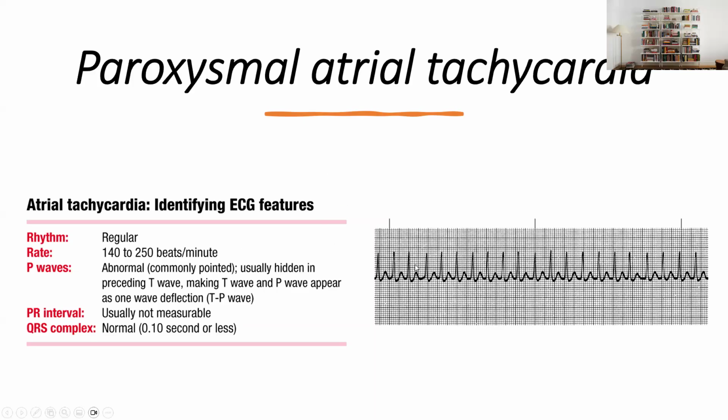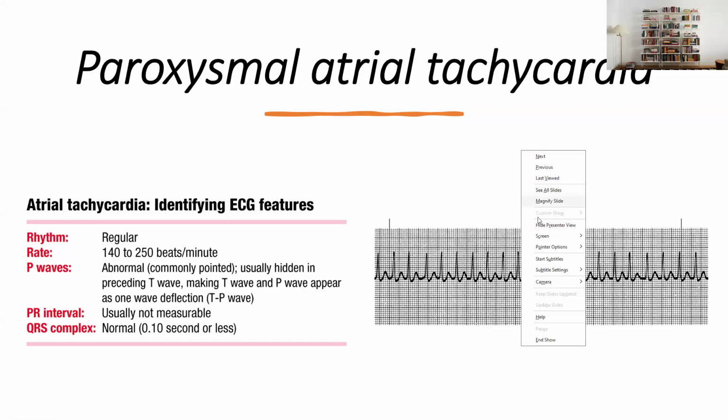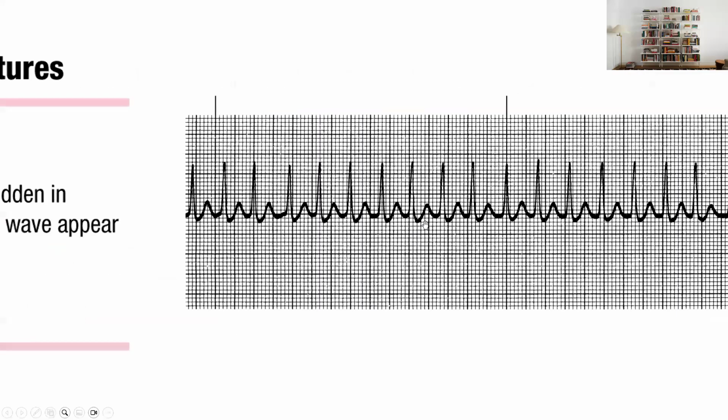So this is going to be what is known as supraventricular tachycardia. And the reason we call it supraventricular tachycardia is because the QRS is narrow. It's not wide, and therefore we assume that it's coming from above the ventricles. Supra means above, meaning this rhythm originates from above the ventricles.